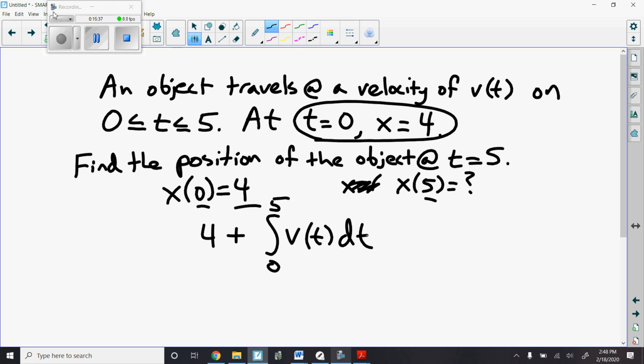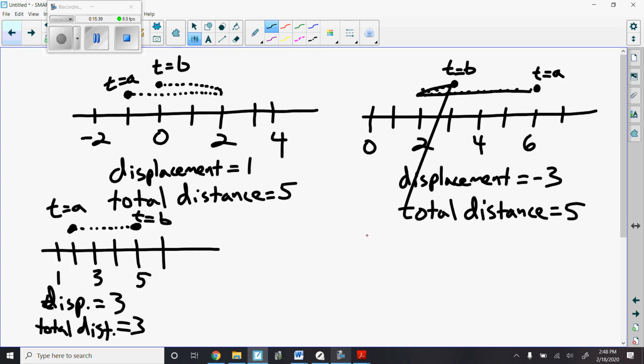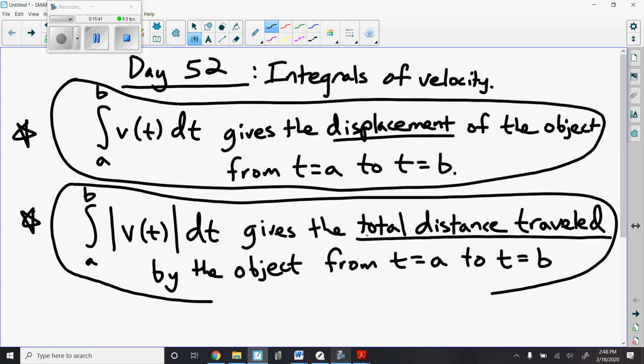Okay? So again, if you take a look back here, we see this integral a to b of absolute value of v of t, the second one down there. Absolute value gives me total distance traveled. That's not what I want. What I want is displacement to figure out where I am. Okay, so let's go back.